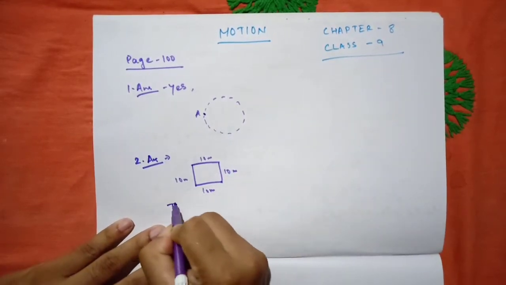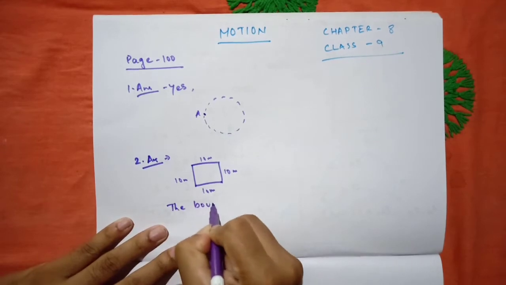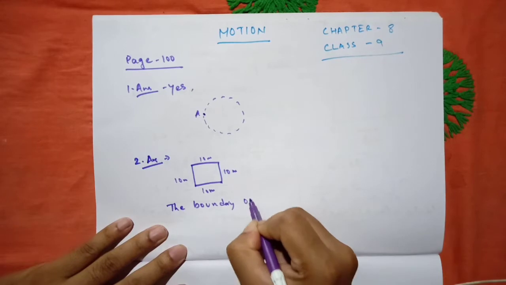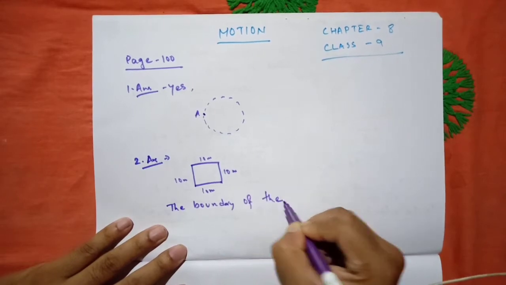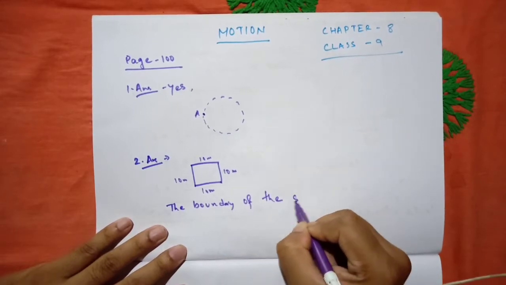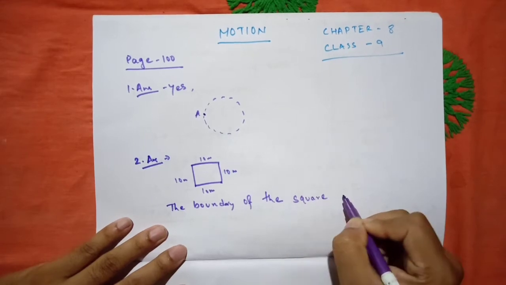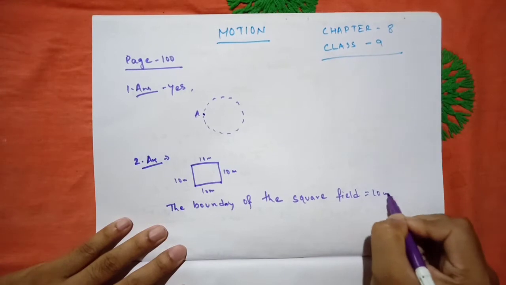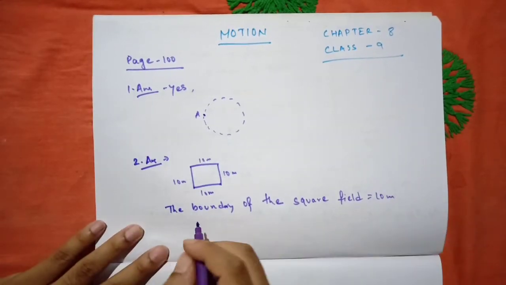The given points are: the boundary of the square field is equal to 10 meter, each side is of 10 meter.